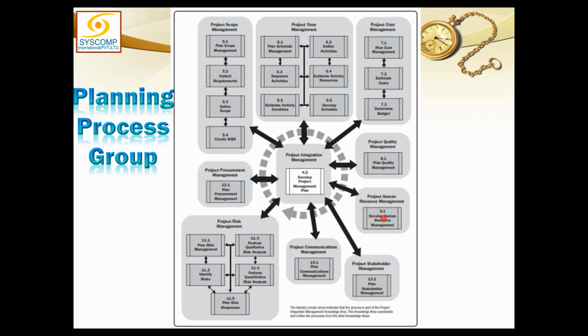Whatever shortage of human resources I have would be impacting my cost or time or scope. So anything happening anywhere else would be impacting these three things, and most of all, the time management. So these three baselines are important.